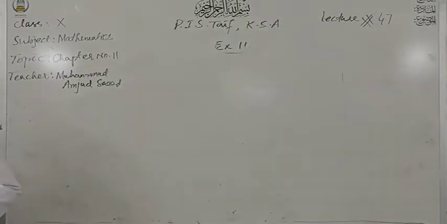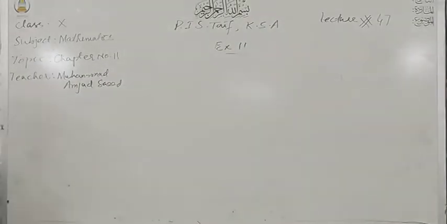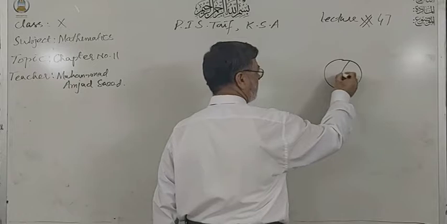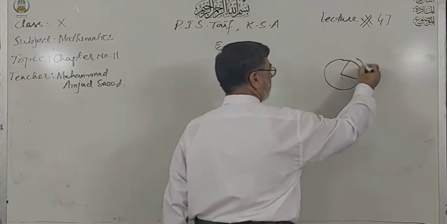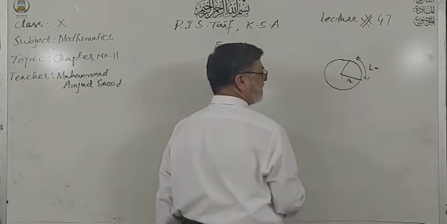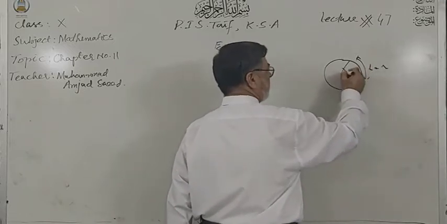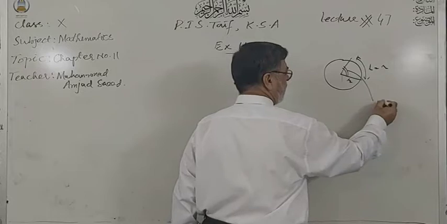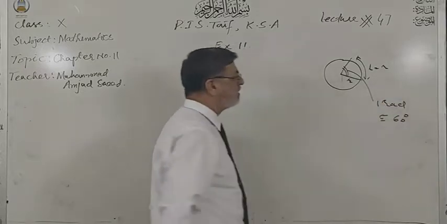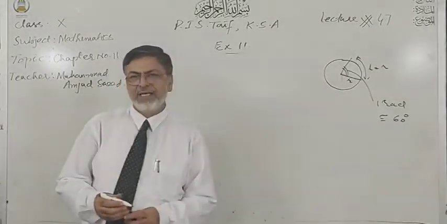This is the circle, this is the length of arc. If the length of arc is equal to the radius of the circle, then the angle at the center will be 1 radian, which is approximately 60 degrees. So your correct option is 4 centimeter.